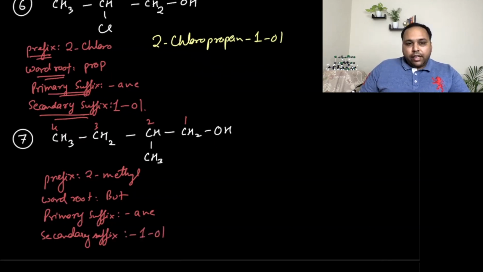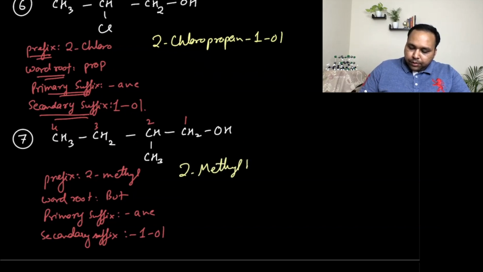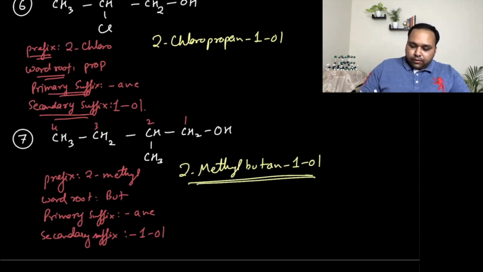So when you write down the name, what you get is, first the prefix is 2-methyl, followed by word root but, followed by primary suffix ane. You remove the e because there is a vowel in the suffix. Secondary suffix placed at 1, and the suffix is ol. So the name is 2-methylbutan-1-ol for this very compound.